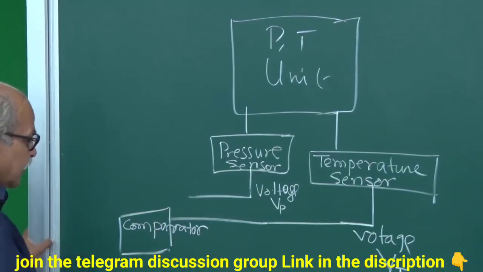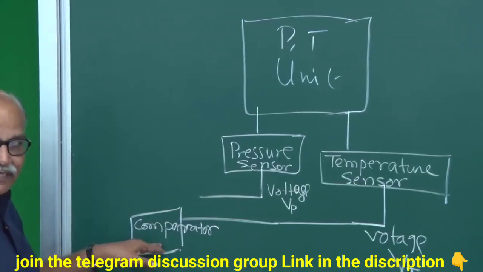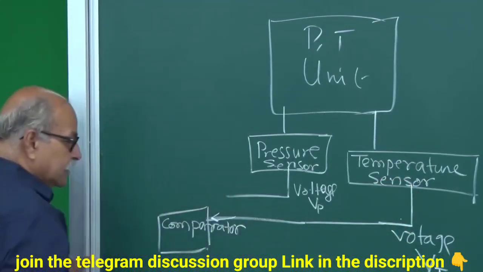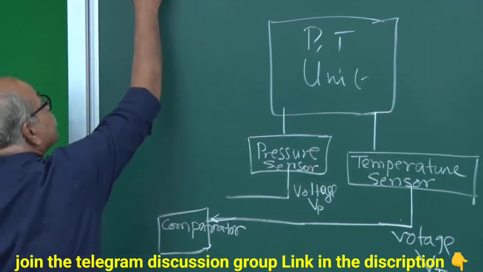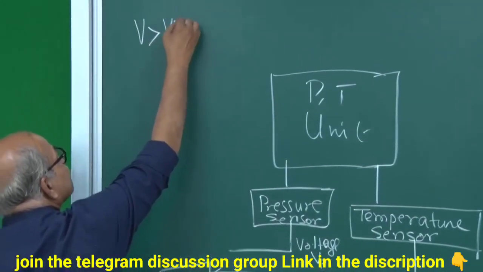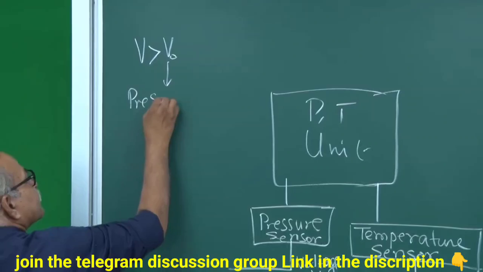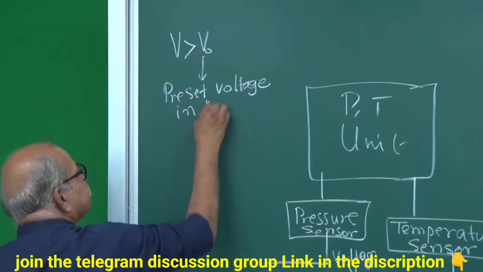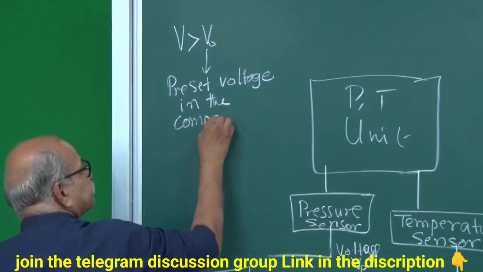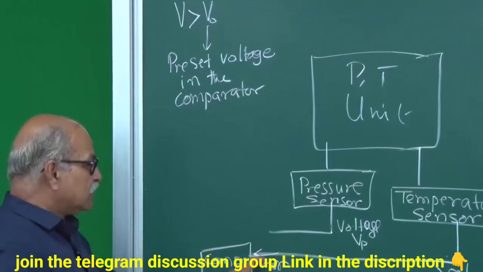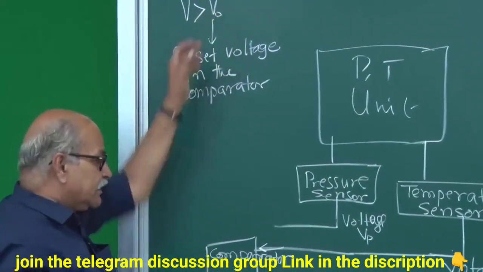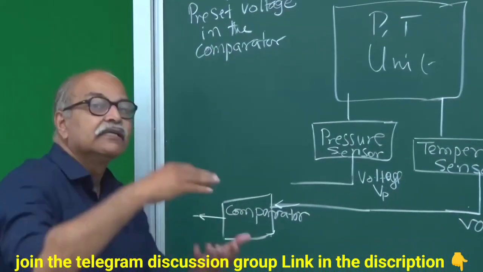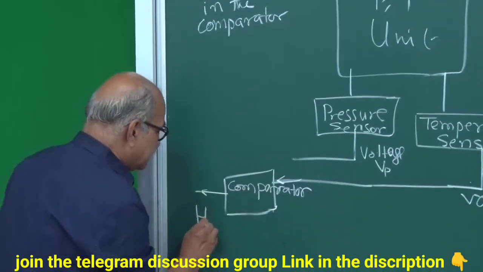This comparator circuit has some predefined voltage set, the preset voltage. Comparator is in fact a circuit. If the input voltage coming from the sensor is greater than this preset voltage, it gives me an output which has a high and fixed value, let us say 3 volts, which I will call high.